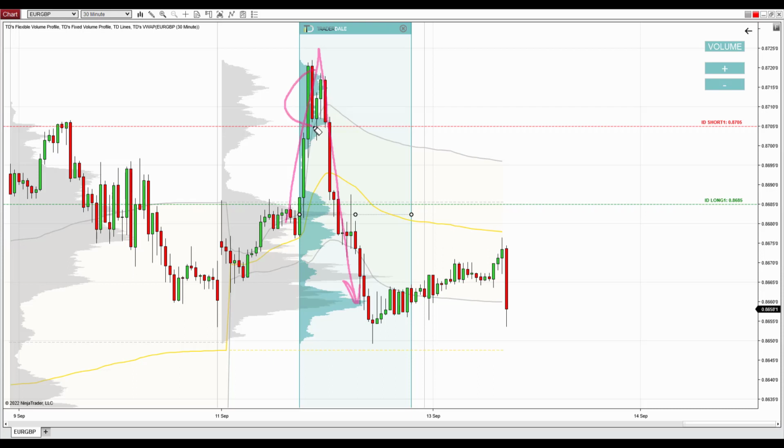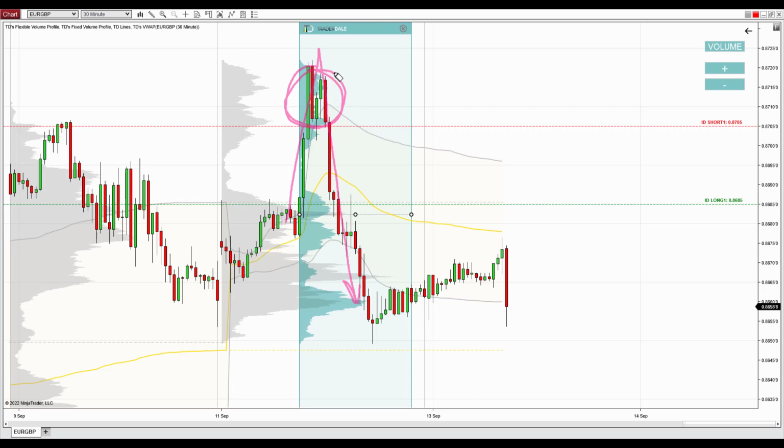Like in this case, this was a significant volume zone, right? Such a zone is telling us that strong sellers rejected higher prices, that they started to sell aggressively in here when the buyers were pushing the price upwards.